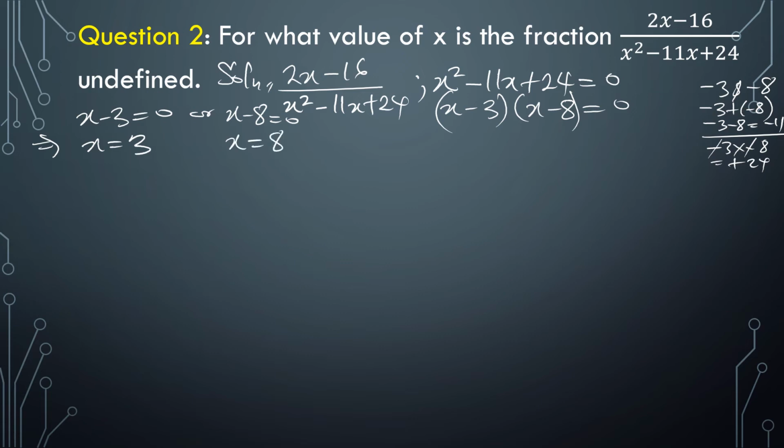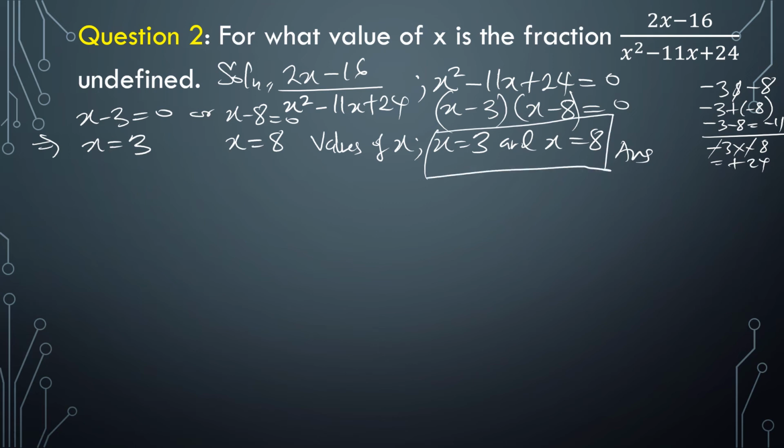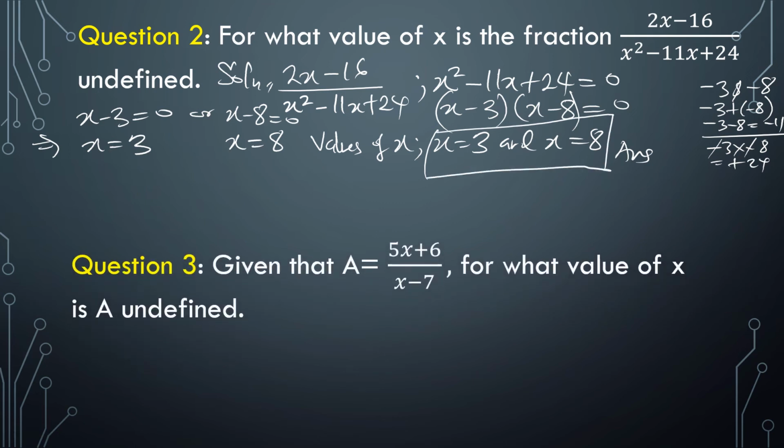Now the question says for what value of x is the fraction undefined? The values of x are x equal to 3 and x equal to 8. So this is the answer for the fraction to be undefined. We go to the next question, which is the last.